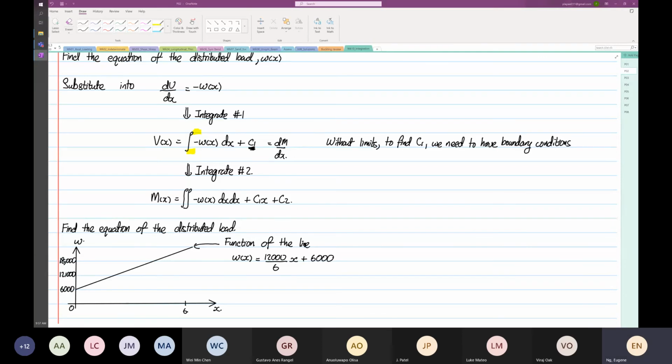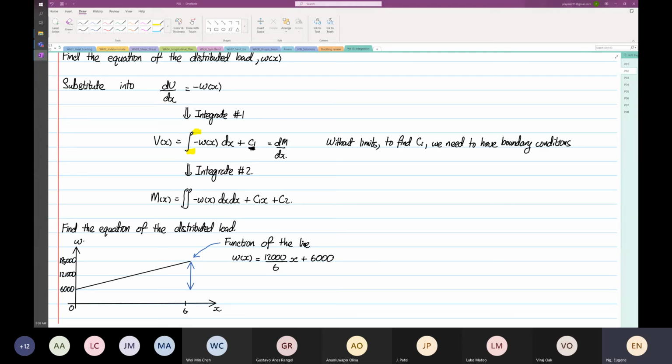Where I get 12,000 from is this distance, from here to here.